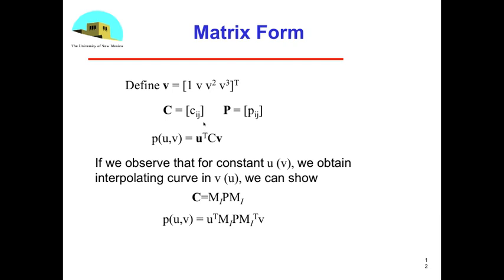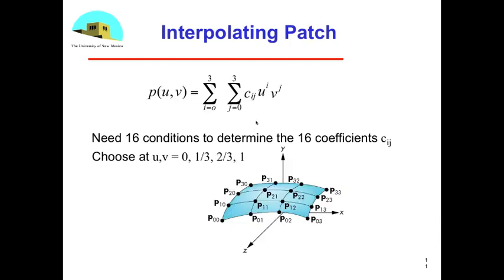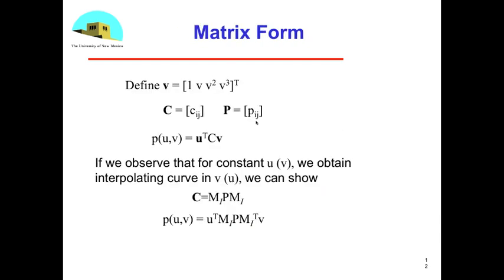We're going to number the rows and columns from 0 to 3. And P is an array of the data points that you see over here, P00 up through P33. It turns out if you write this out from that equation I started with, it looks like this.